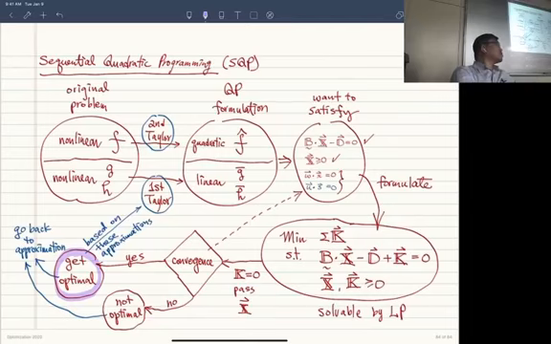Right? So this is how, of course, the way this is sequentially iterating could be modified in many different ways, but this is one way. Okay?